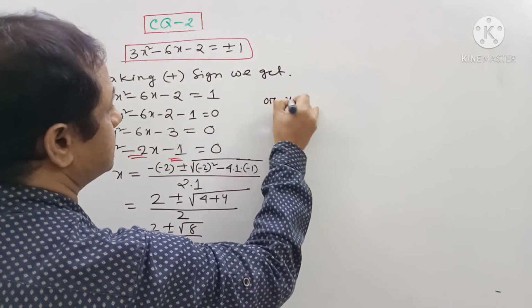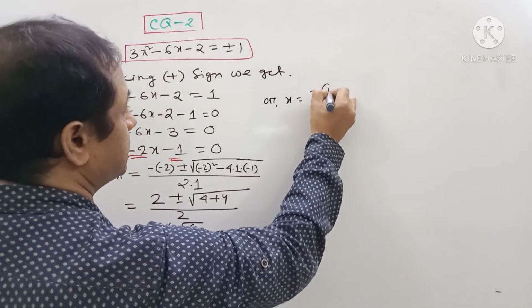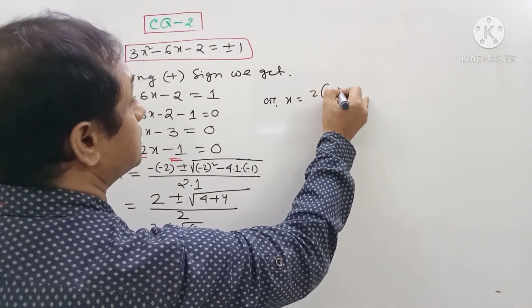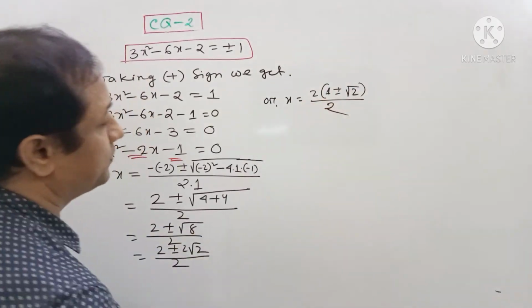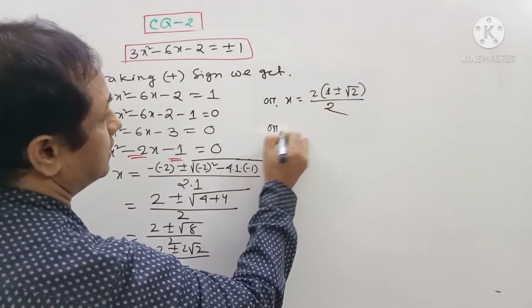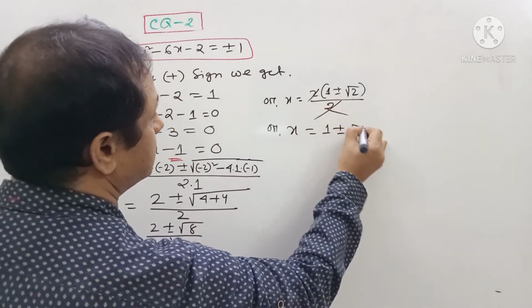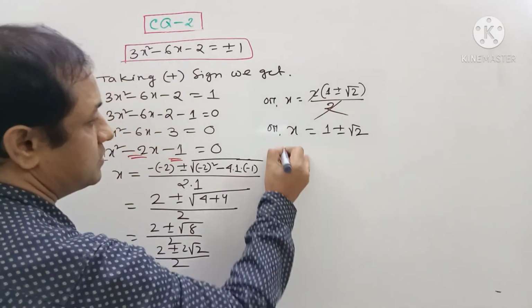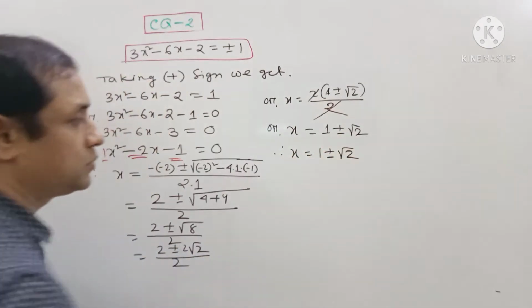Taking common 2 from the numerator, we can write 1 plus minus root 2 by 2, or 2 cancels. So x equals 1 plus minus root 2.